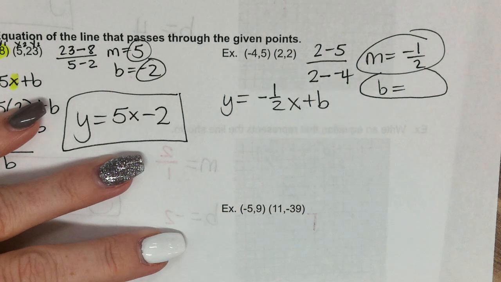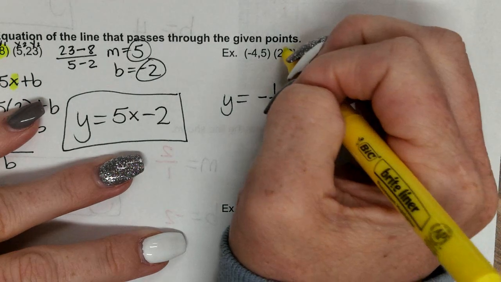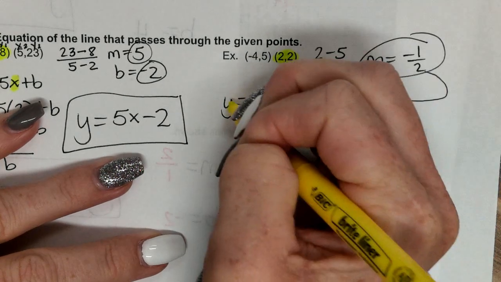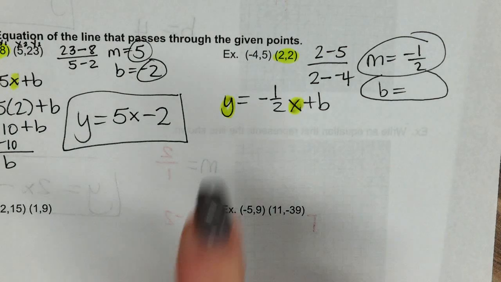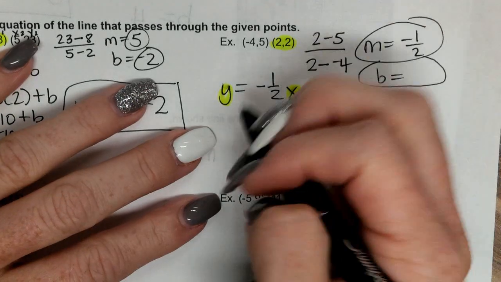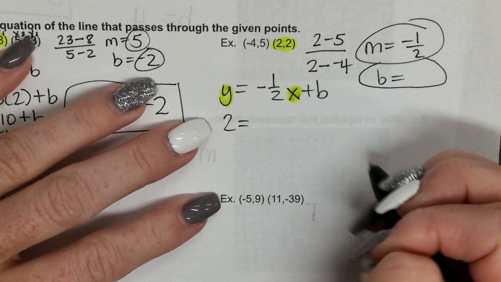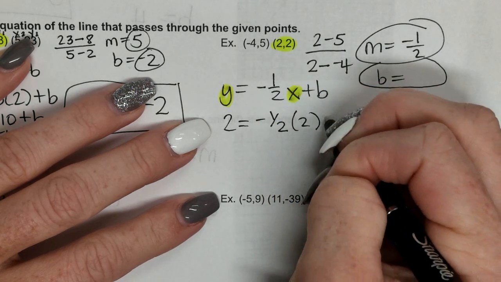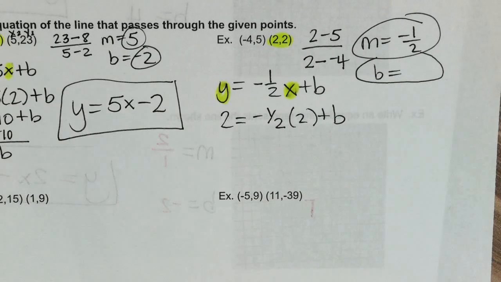So which one would you pick? I pick this one. And I'm going to plug in 2 for x and 2 for y. And it doesn't matter if you had chosen this one, you will get the same answer for b.